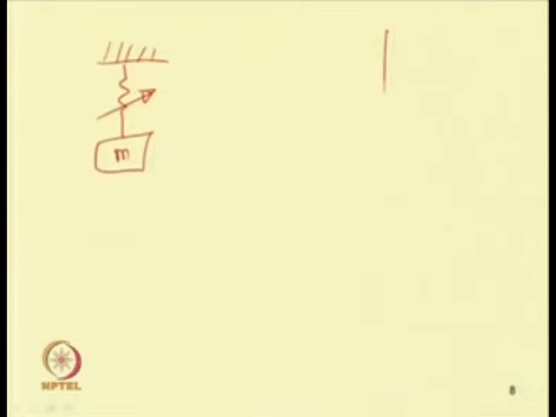Generally, in case of a linear spring, if we plot force versus x, for a linear system this is the curve, and for nonlinear systems either it will be soft or hard.